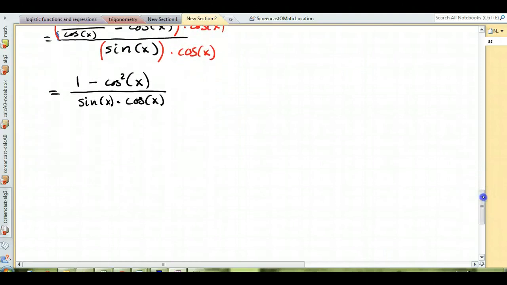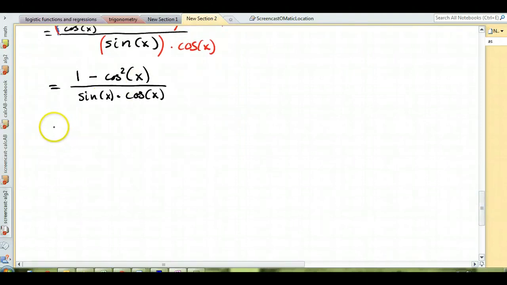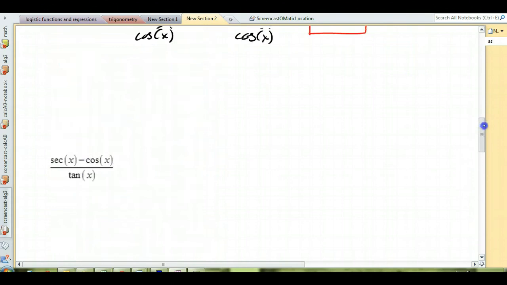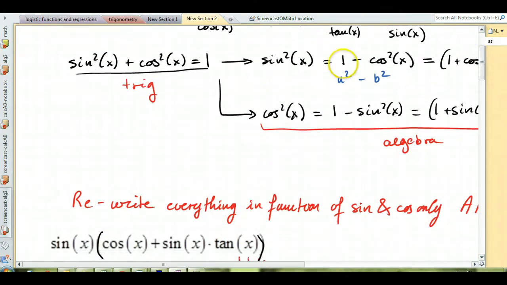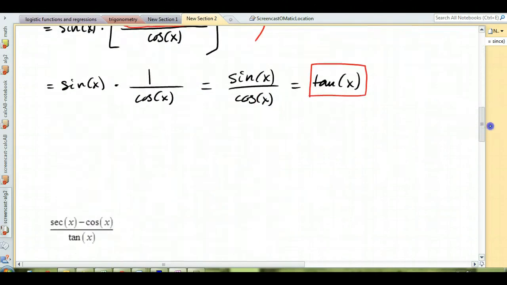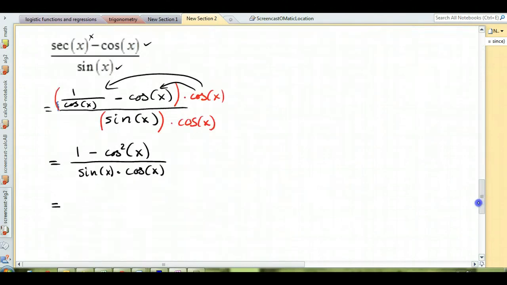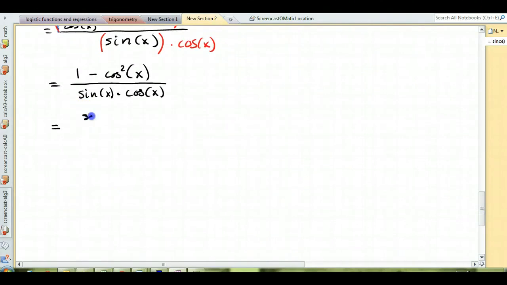Got it. So what is 1 minus cosine square? Well, that's something you really have to be familiar with. 1 minus cos square is just sine square, right? So 1 minus cos square is just sine square x divided by sine x times cosine x.